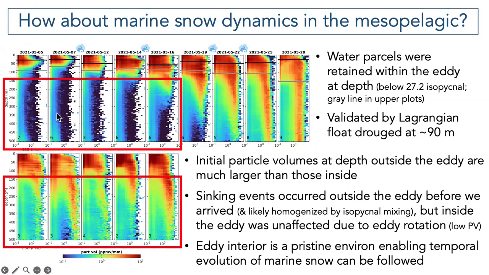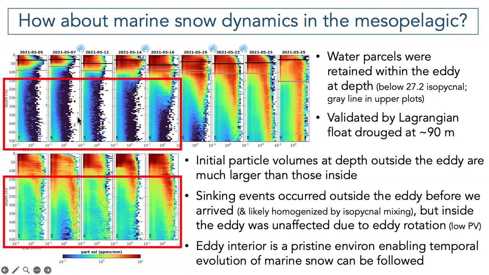You can see initially, and we know that the water parcels within this did not exchange with the outside. In the Johnson paper there was a bunch of water mass analysis done that shows that, and we had a Lagrangian float that was drogued at about 90 meters that said it stayed within the eddy the entire time.